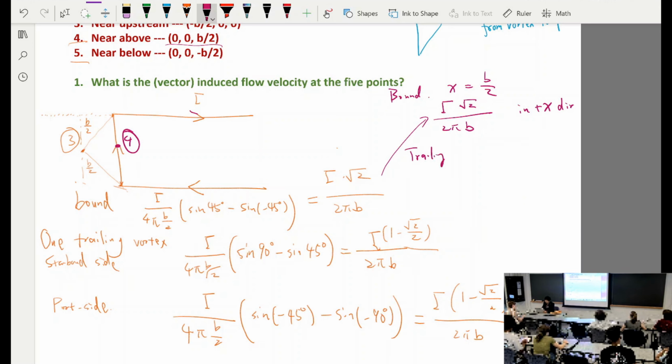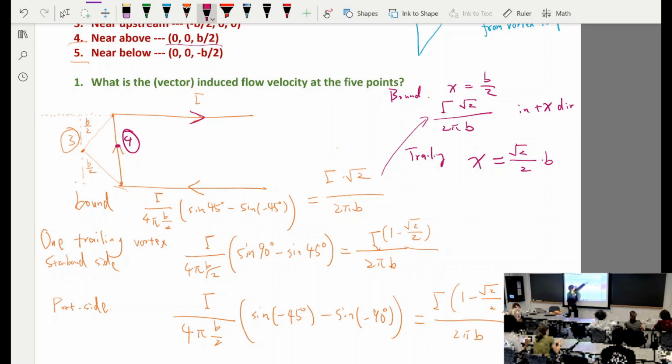But the trailing vortex, again, I'm going to do one by one. Let's just do this trailing vortex. What is the distance between the trailing vortex and point 4? It's no longer b over 2. It's offset by b over 2 in the y direction, but also offset by b over 2 in the z direction. So the distance is square root of 2 over 2 times b. And how about the angles?